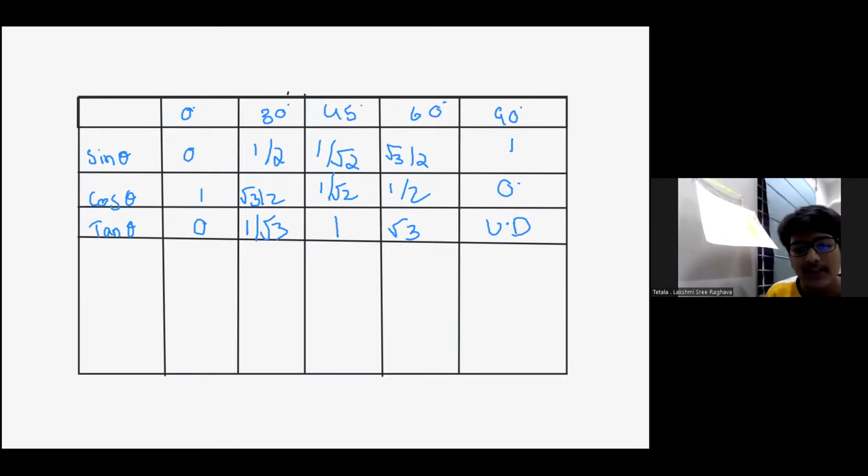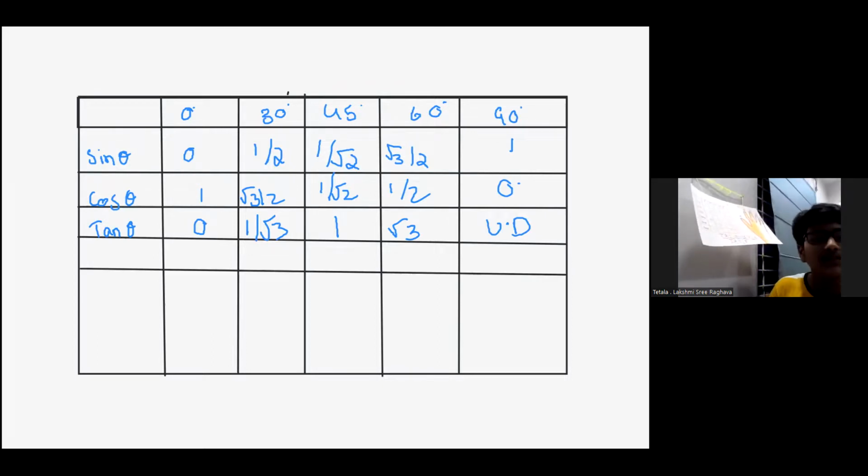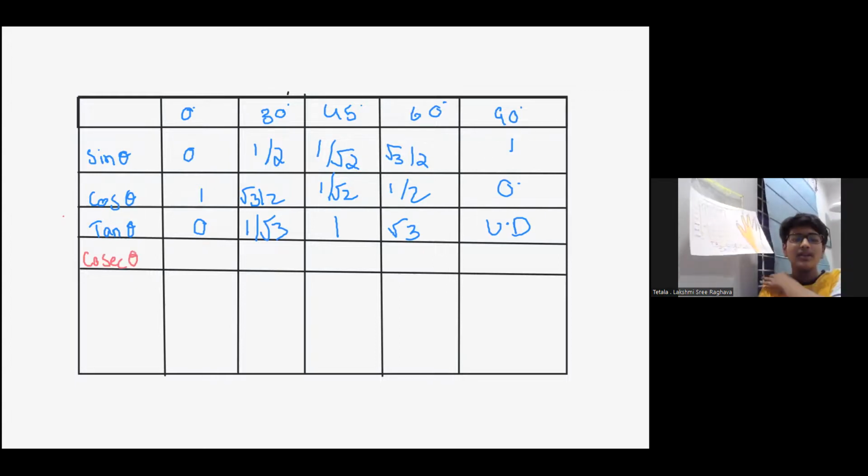Now let us go with cosecant. Let me change the color also for cosecant. Cosec theta or cosecant both are the same. So it is the reciprocal of sine theta, basically 1 by sine theta. So 1 by 0, as I said, is always undefined.